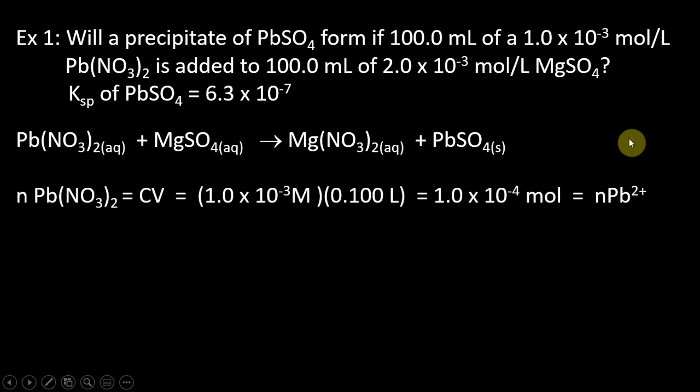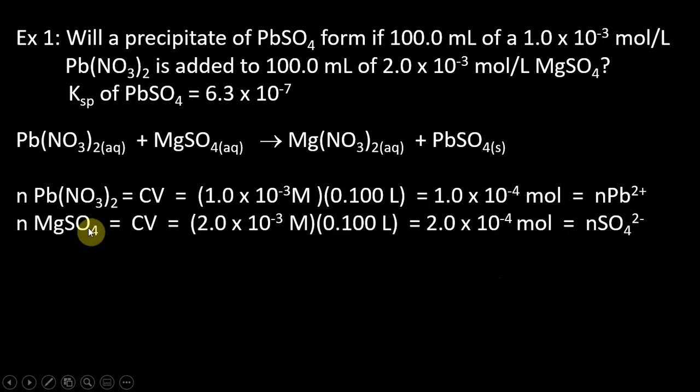So what we need to do is figure out the concentration of each of those ions. The number of moles of the lead(II) ions works out to 1 times 10 to the minus 4 moles. The number of moles of the sulfate ions from the magnesium sulfate is 2 times 10 to the minus 4 moles.